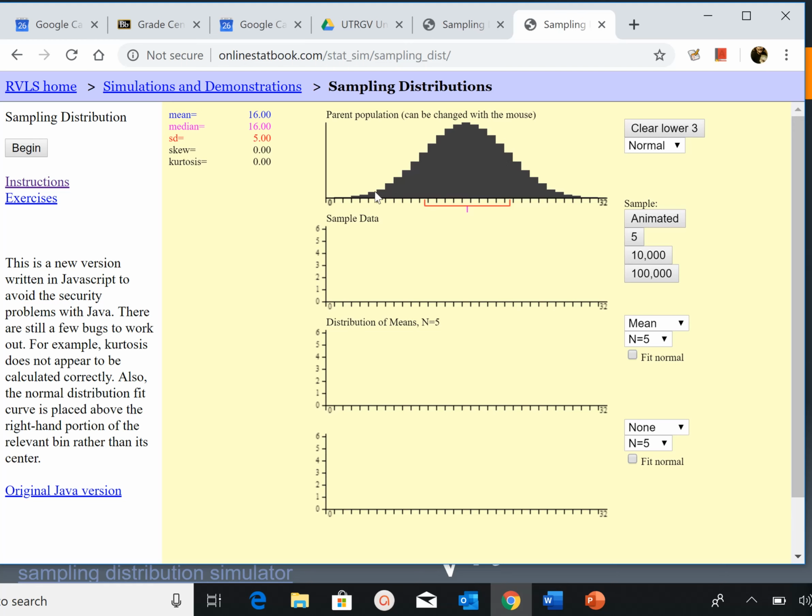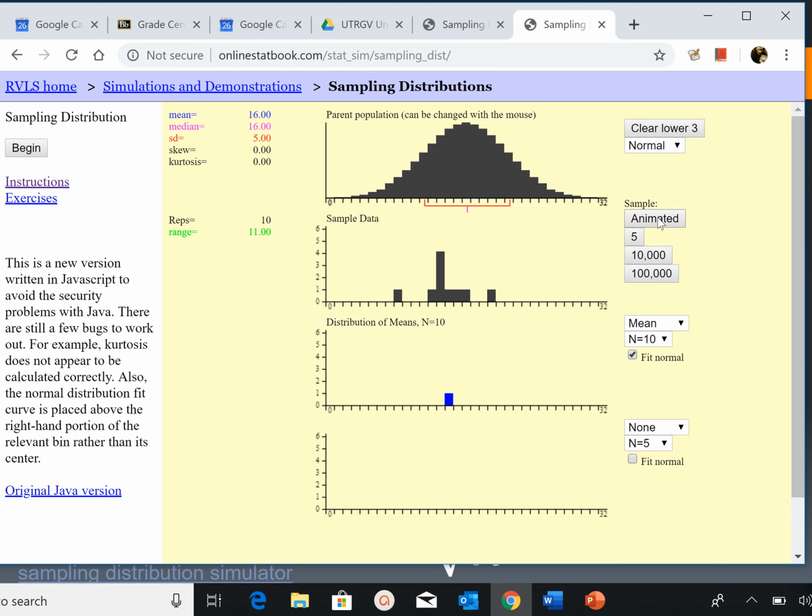So here we have the parent distribution. There are some limitations to the graphics of this simulation, but pretend that's a smooth normal distribution. And if we were to take samples of the mean, let's go with sample size 10, and let's take a sample of 10 from the parent distribution and plop down the mean.